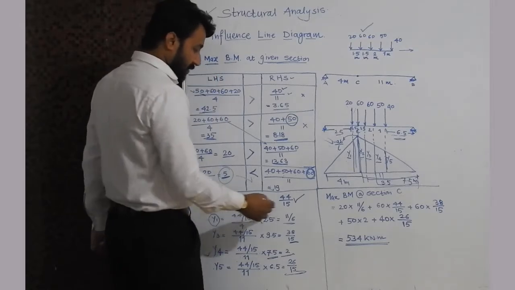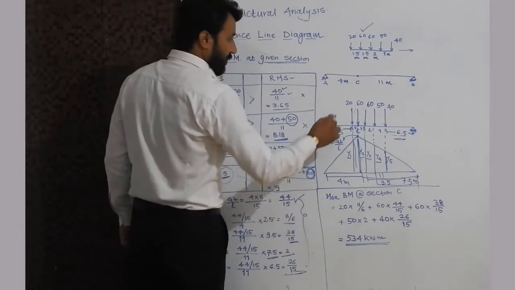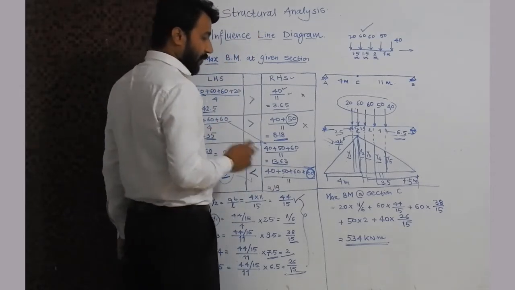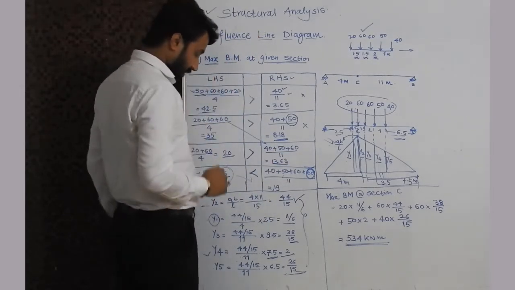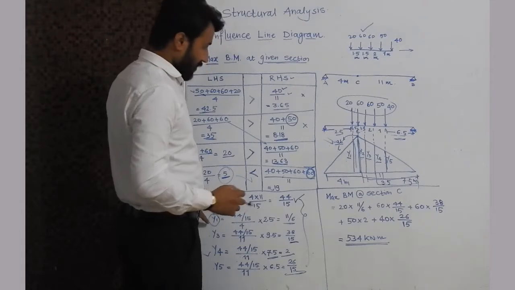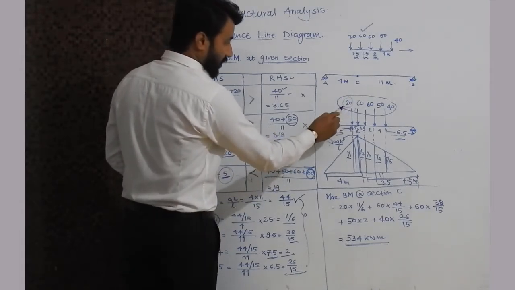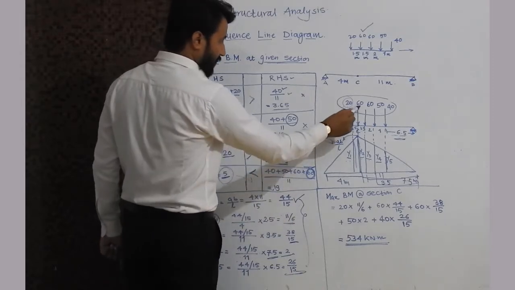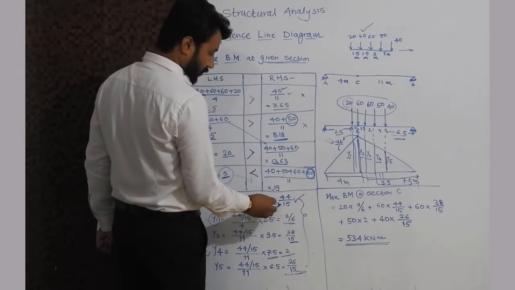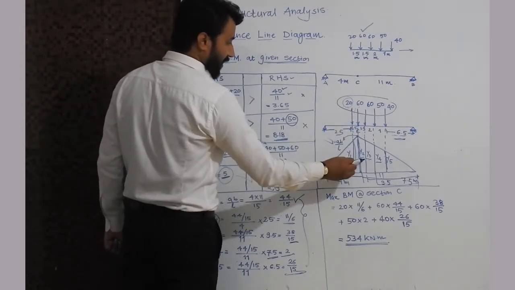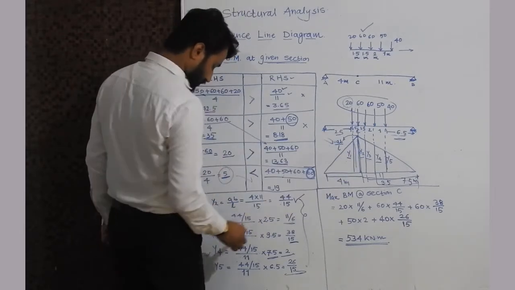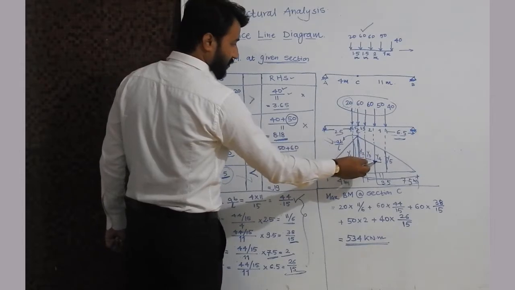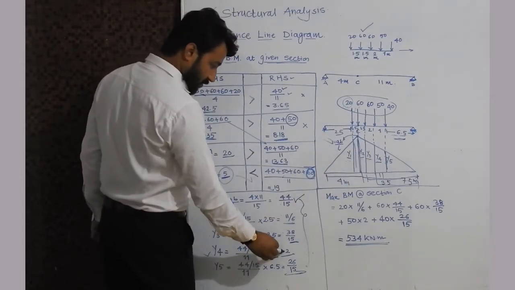Now we will take these values and multiply them with the loading conditions to calculate the maximum bending moment at section C. So 20 multiplied by Y1, and Y1 is 11/6. Then 60 multiplied by Y2, and Y2 is 44/15. Then 60 multiplied with Y3, and Y3 is 38/15. 50 multiplied by Y4, and Y4 is 2.